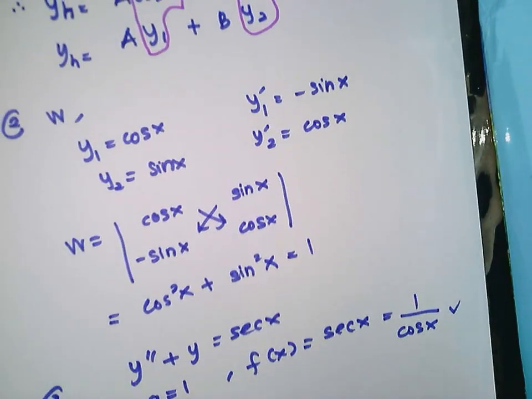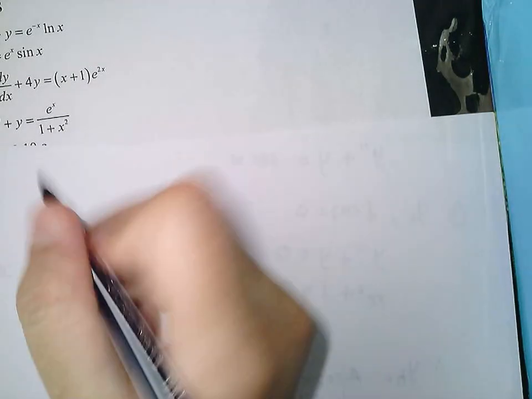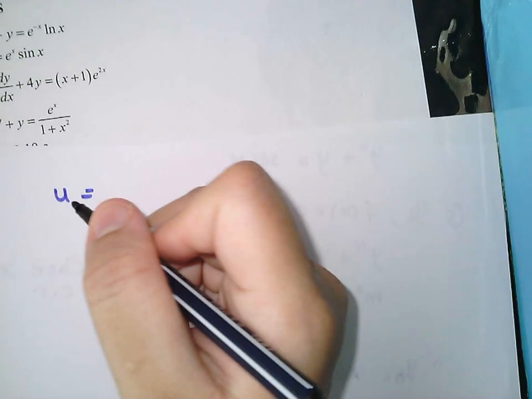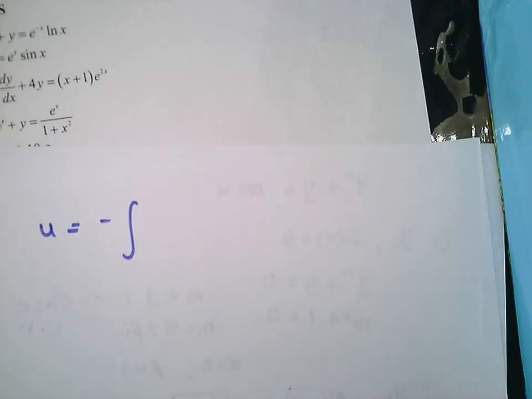So next we will find u and v. Your u is equal to negative integral of y2 times f(x) over a times w, dx. So what is your y2? y2 is equal to sin x.